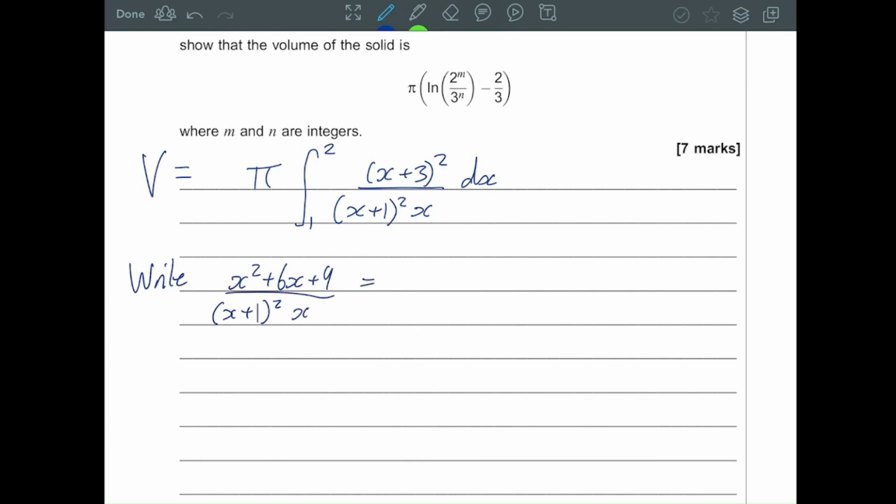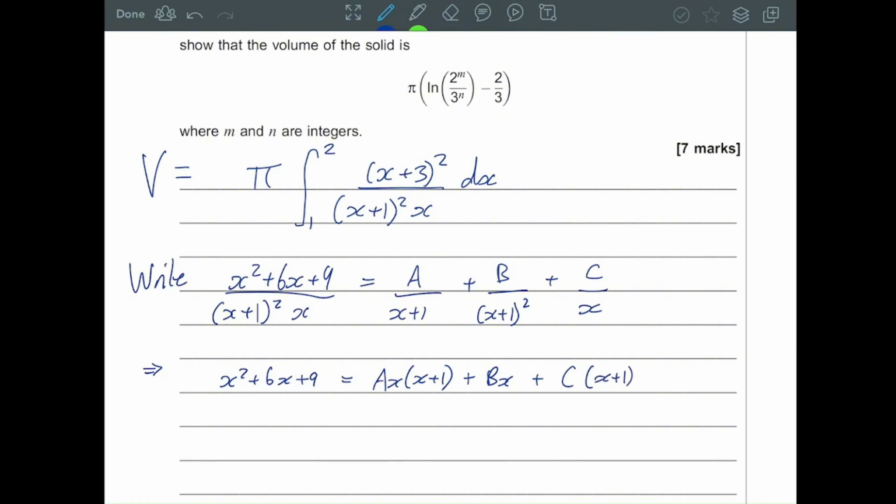So I'm going to write this as A over x plus 1 plus B. Because it's a repeated factor, I need B over (x plus 1) squared plus C over x. Multiplying up, I'm going to have the numerator there is equal to Ax(x plus 1), plus Bx, and C gains the (x plus 1) squared.